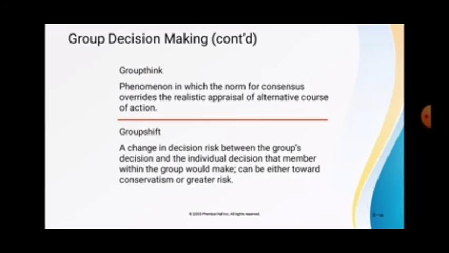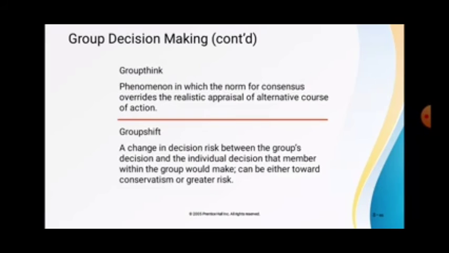In order to maintain a well-functioning group, one should encourage group decisions and collaborative decision making, but in the same place, should try to eliminate groupthink and group shift. So we will see why groupthink and group shift should be eliminated, because they are not good.